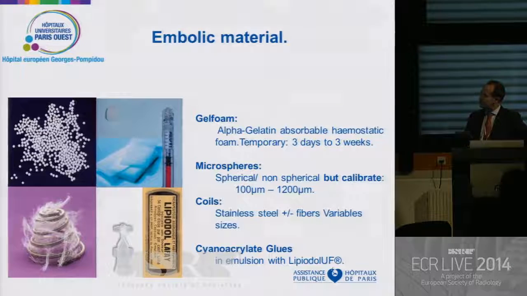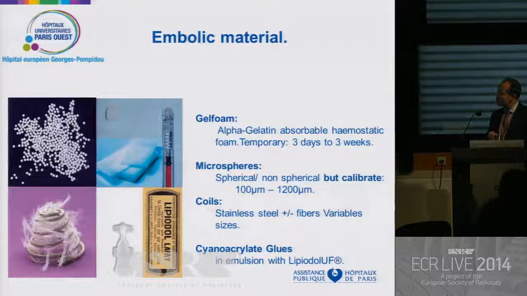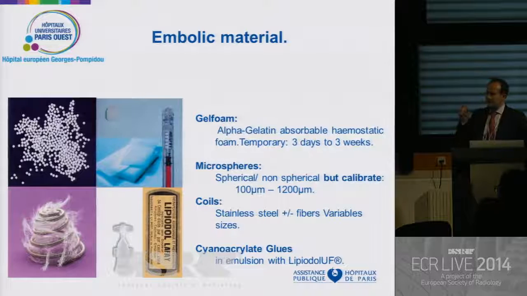After the catheterization, we move to the embolic material, and we have different kinds. We have some resorbable material like gel foam, which is a temporary material. It could be resorbed in 3 weeks, depending on how it was injected and how much was injected. We have microspheres, spherical or not spherical, but very important, they have to be calibrated, meaning they are sold by range of size, from 100 to 300 microns, for example.